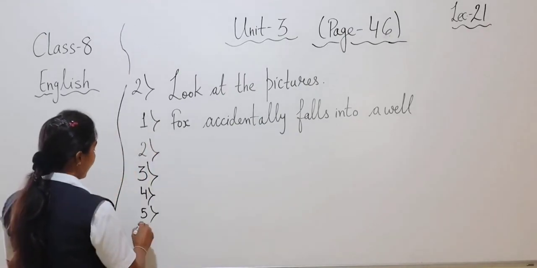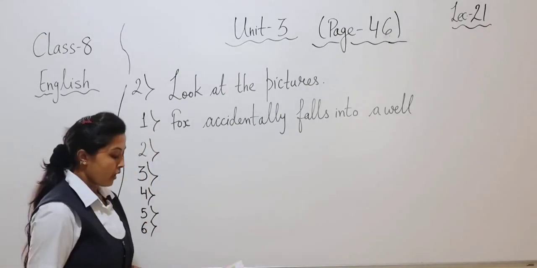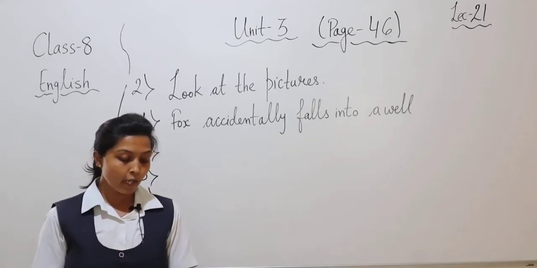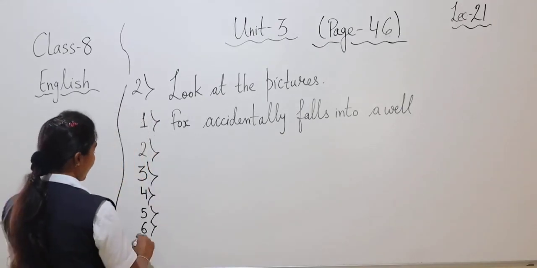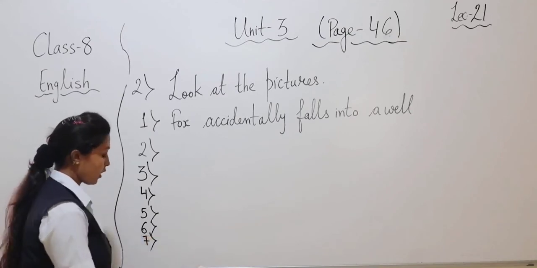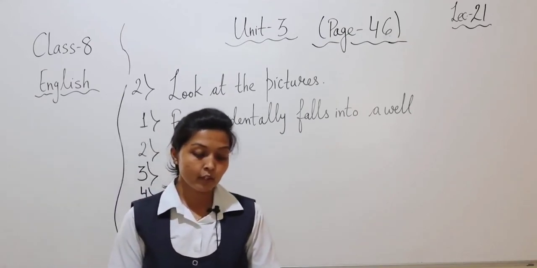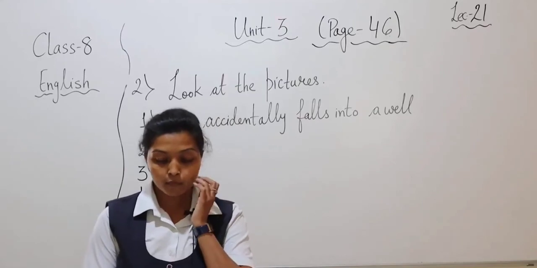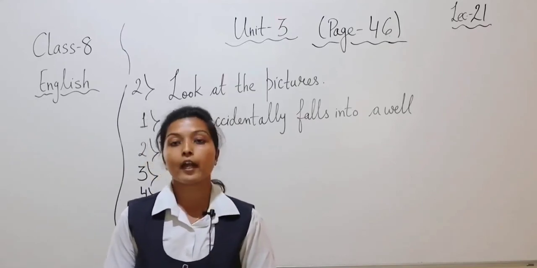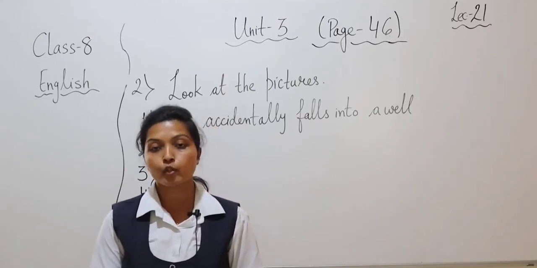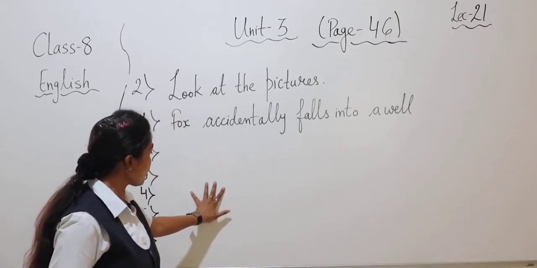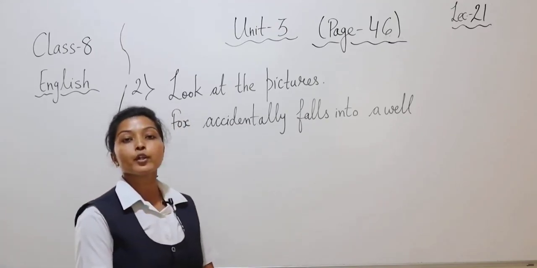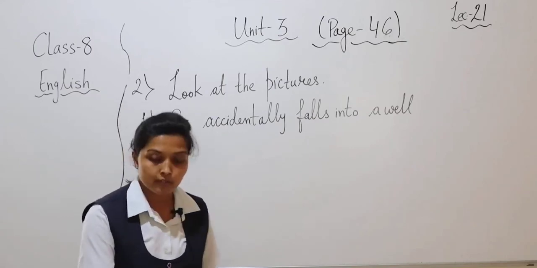Then the sixth point: thanks for the help, come out when you can. And then the last, seventh one: my mother used to say, be careful how you take the advice of people you don't know. Okay, so in this way you have to write. We are not going to draw the pictures.